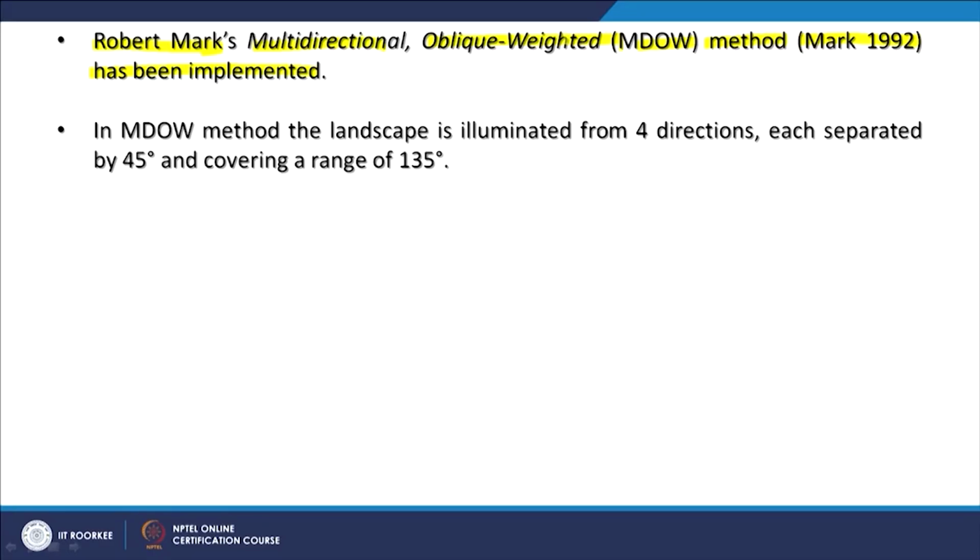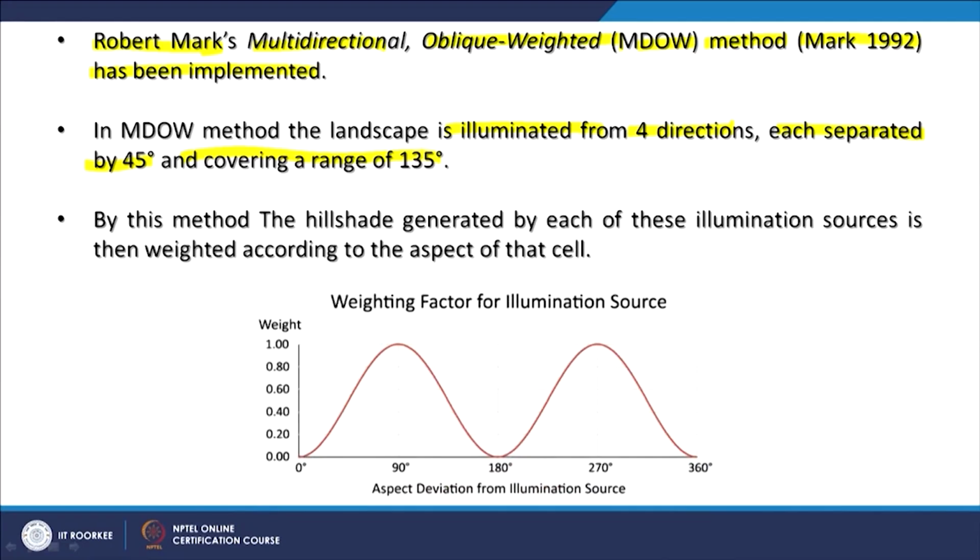Now, in the MDOW method the landscape is illuminated from 4 directions, each separated by 45 degrees and covering a range of 135 degrees, like here. Like here what you are seeing, that 45, so this is 180 degrees, then again another 180 degrees, total is 360 degrees. So, aspect deviation from the illumination source and the weights are given.